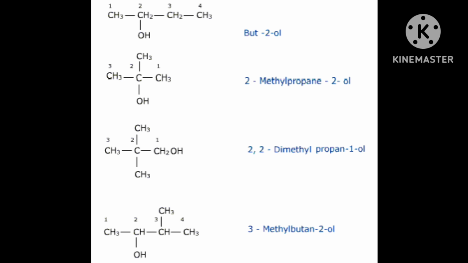And now carbon number 3 has a methyl group, then you can write 3-methylbutan-2-ol. Here you have written all 8 possibilities, 8 isomers.